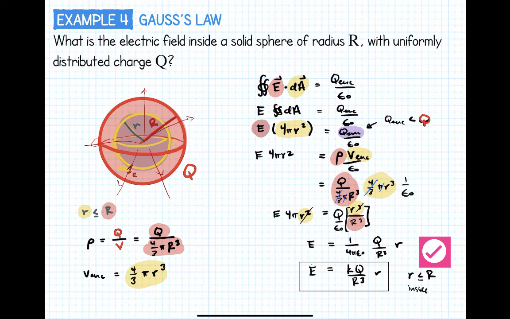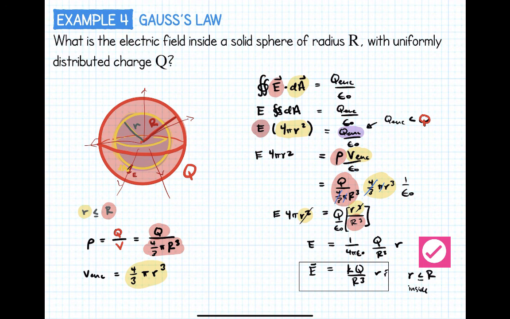And if you want to make this a vector, it's still in the radial direction. But the important thing here is the relationship. We said that as we enclose more and more, so as we have circles that go out and out, we enclose more and more charge, and therefore we should have a bigger and bigger electric field. So it makes sense that this is linear.